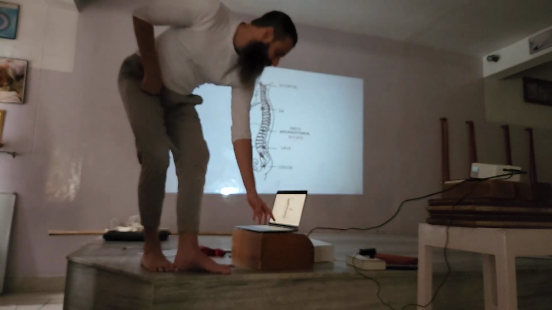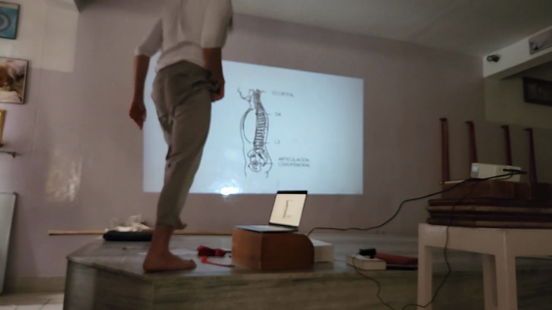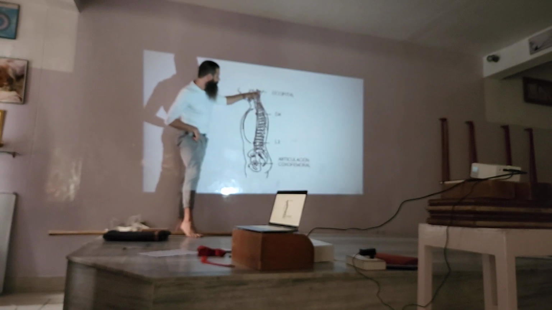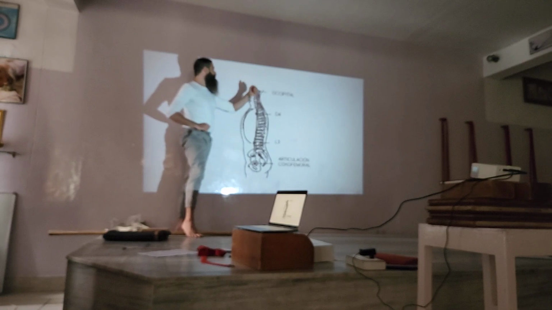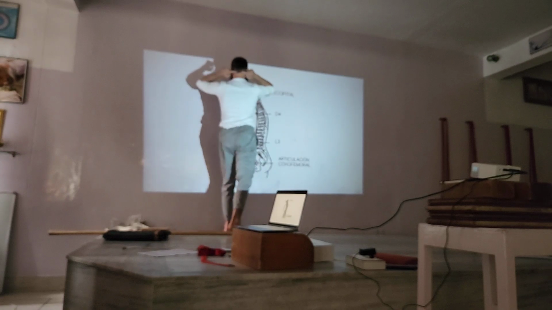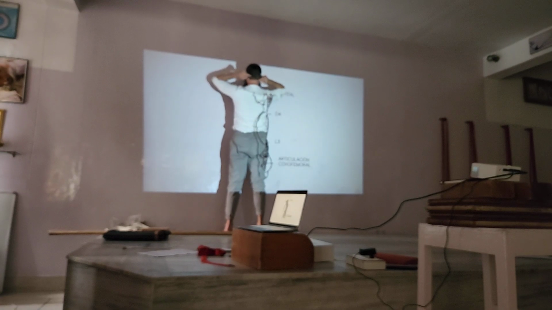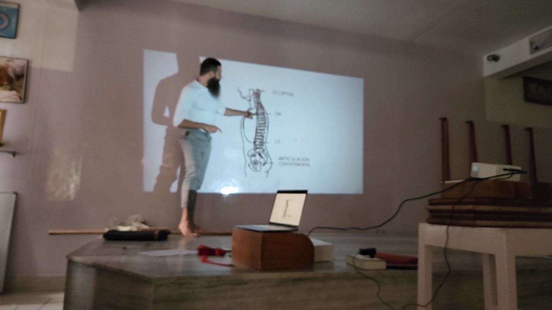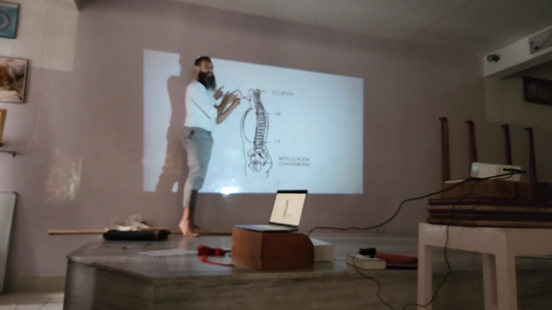So then we have these posterior anterior lines. We say that there are two. They call it one, the posterior anterior line, but actually there are two. They start from the back of the head, from these two points here, deep inside the occipital. And they come down, but at the level of the T4, they cross each other.